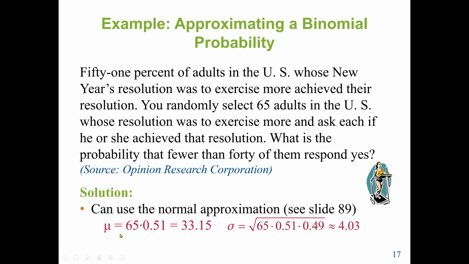So if we know that, then we find that the mu, the NP, will give us 33.15. And NQ will be a little bit less than 33.15 because it is 65 times 0.49. So since NP is greater than or equal to 5 and NQ is greater than or equal to 5, we can find the mean and standard deviation, because in a normal distribution the two main parameters are the mean and the standard deviation. If we get the mean and standard deviation, we can find the Z-score.